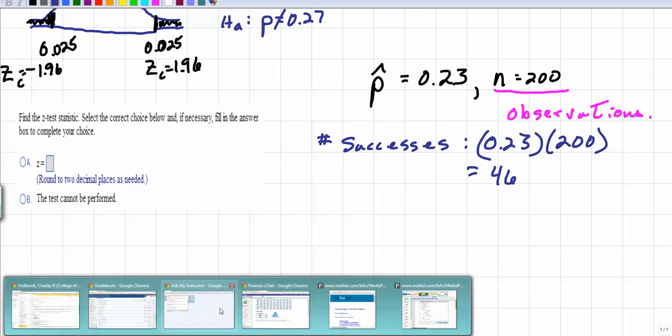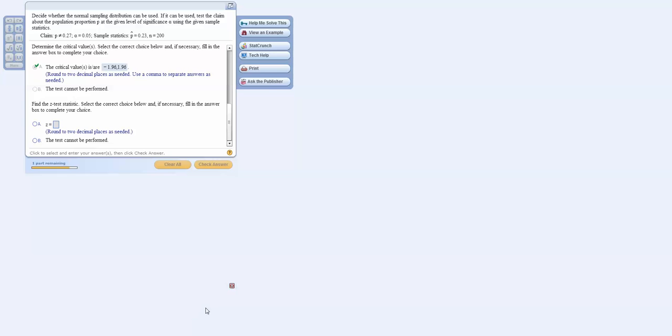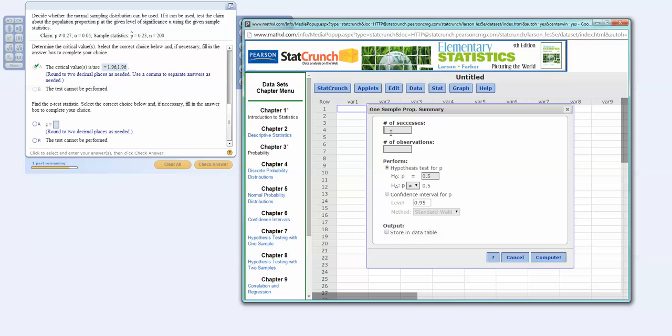So we'll go back into Statcrunch, type in number of successes 46, number of observations is 200, and don't forget that our P is 0.27. And notice that this is a statement of equality and a statement of inequality. I can change this if I need to, but for this one we're just going with not equal to.